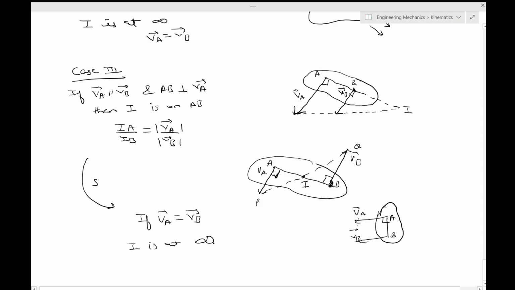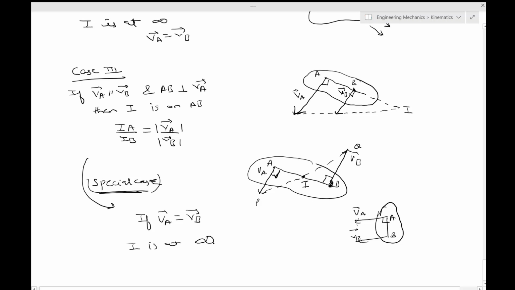So this is a special case of case 3. So there are several such situations.